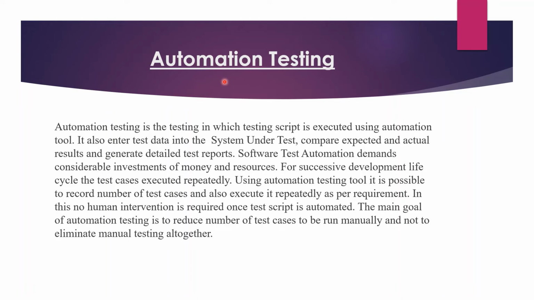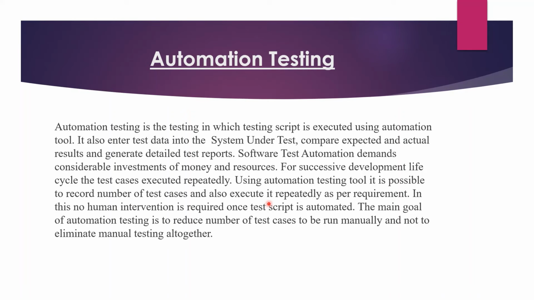In automation there is less human intervention once the test script is automated, while in manual testing there is more human intervention at the time of testing the application. So the manual tester works as the end user or thinks as per the client's requirement. Using an automation testing tool, it is possible to record a number of test cases and execute them repeatedly.